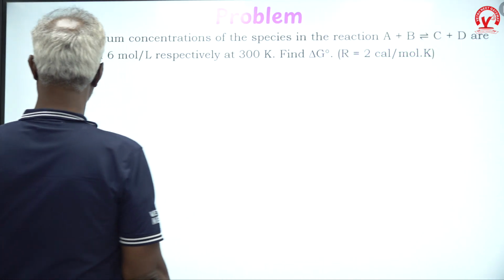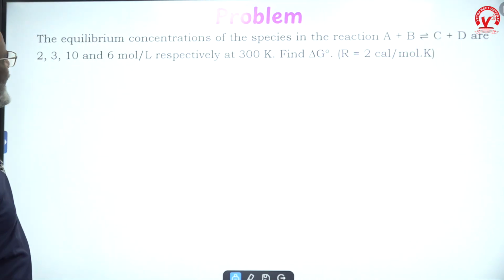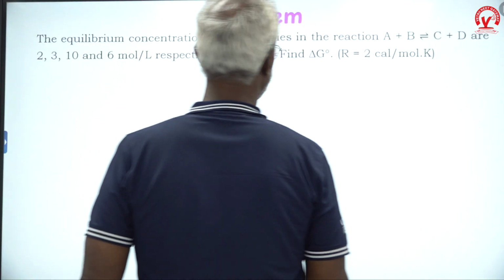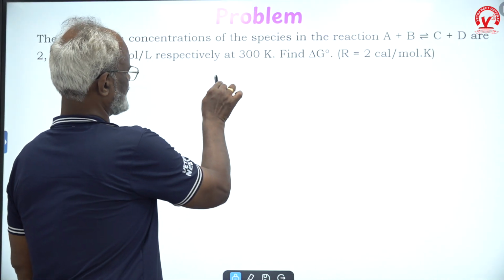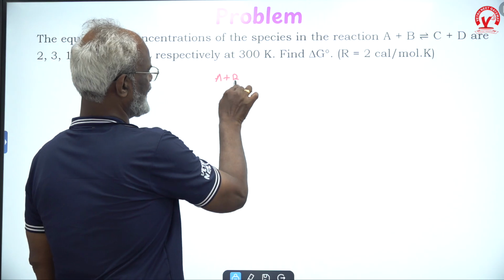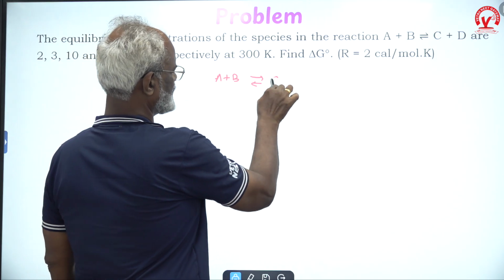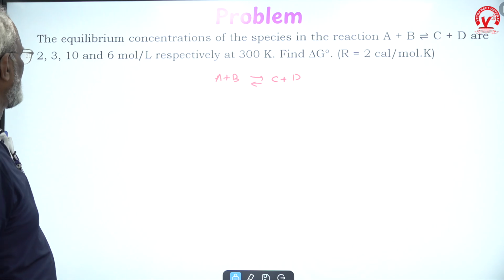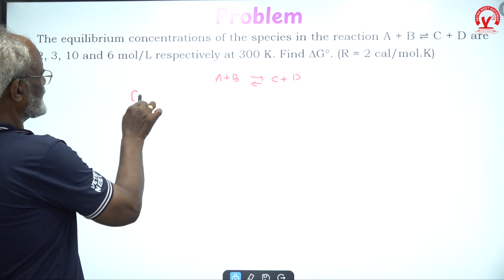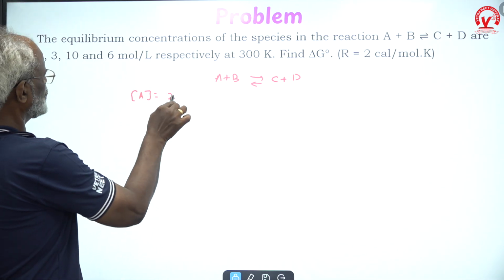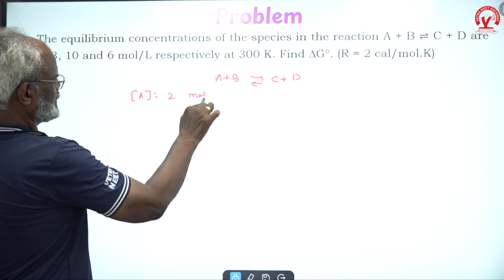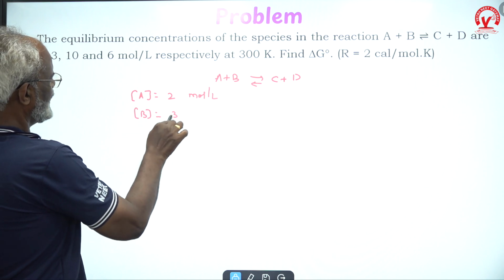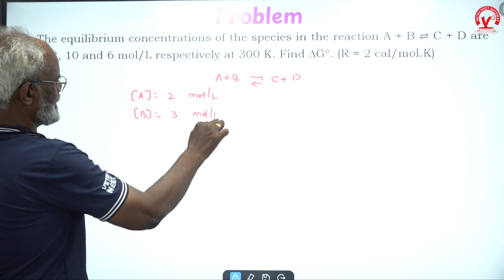Now we'll do a simple problem. The equilibrium concentrations of the species in the reaction A plus B reversible giving C plus D are given. Concentration of A is 2 mole per liter and concentration of B is 3 mole per liter.